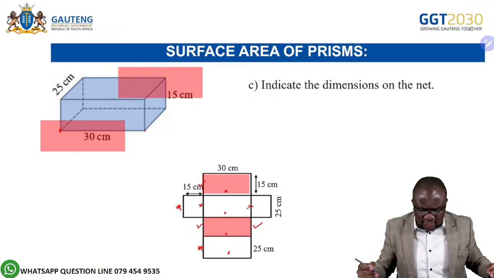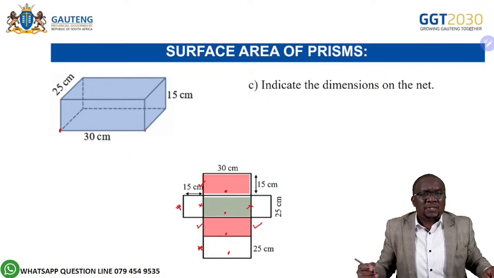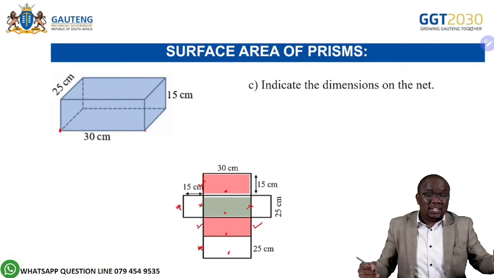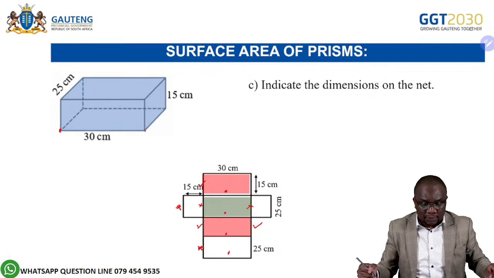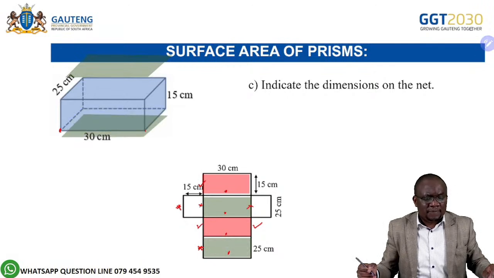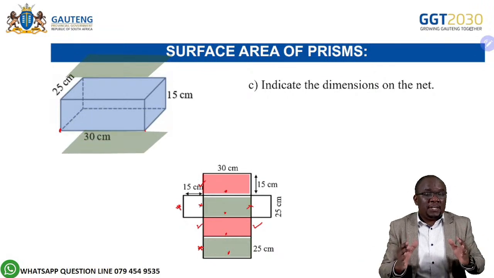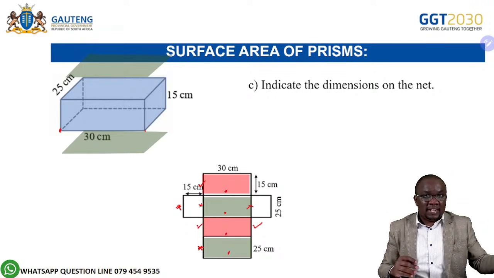Okay, and then we come to this one. Which ones are these ones? Is the one at the top, the bottom, or the one on the left and the one on the right? It should be the top and the bottom. So we have the top one, which is like this, and then this one should be the one at the bottom. You see that? Okay. So you have two of each. Top, bottom, front, back, left, right.